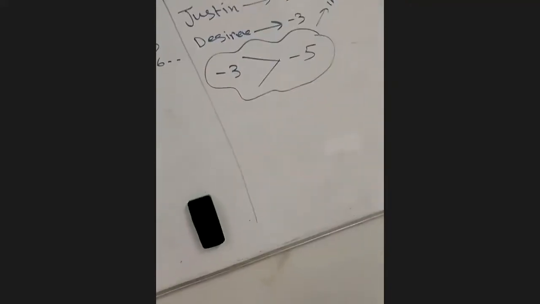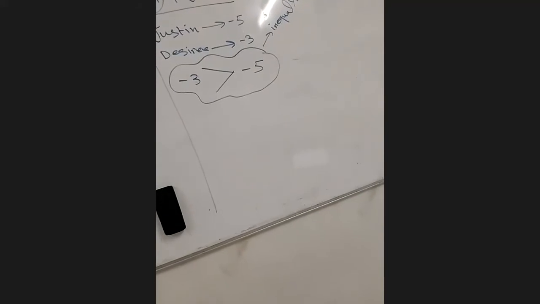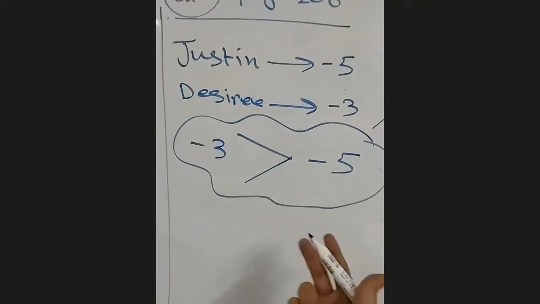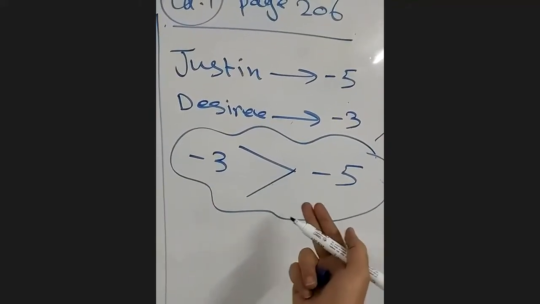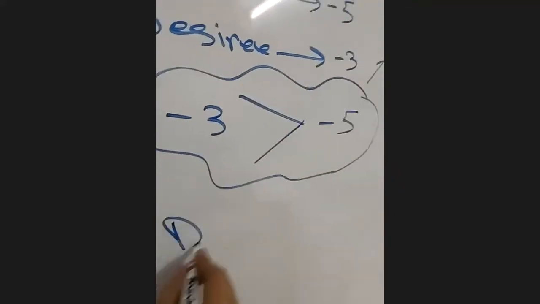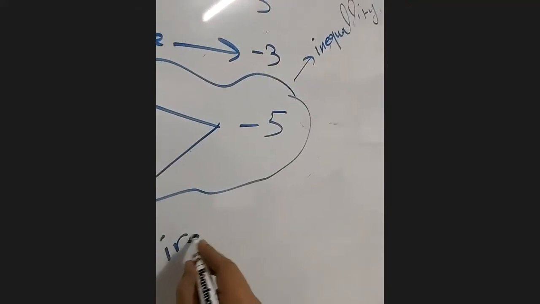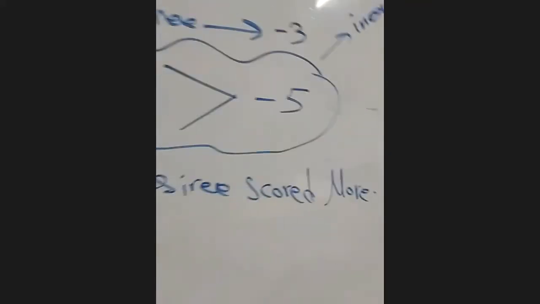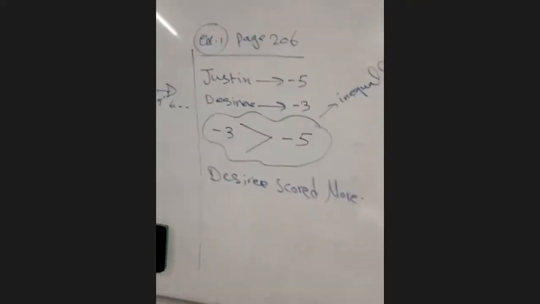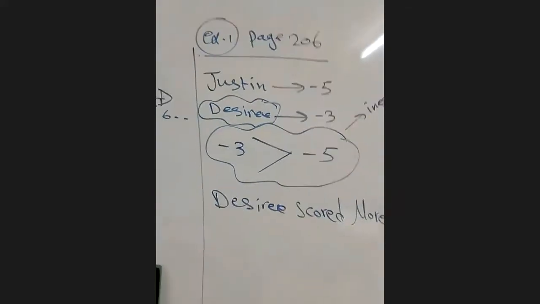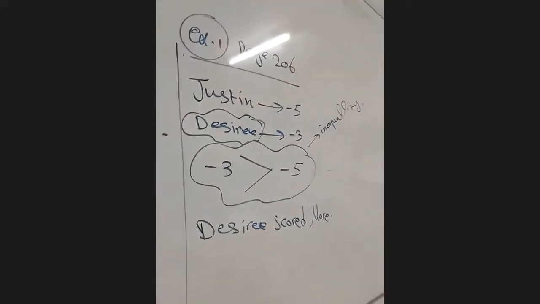Then explain the meaning of the inequality: -3 is bigger than -5 means Desiree scored more. So if the game is finished, who will win? Desiree, because she scored more. That's all. Now let's see the answer in the book, guys.